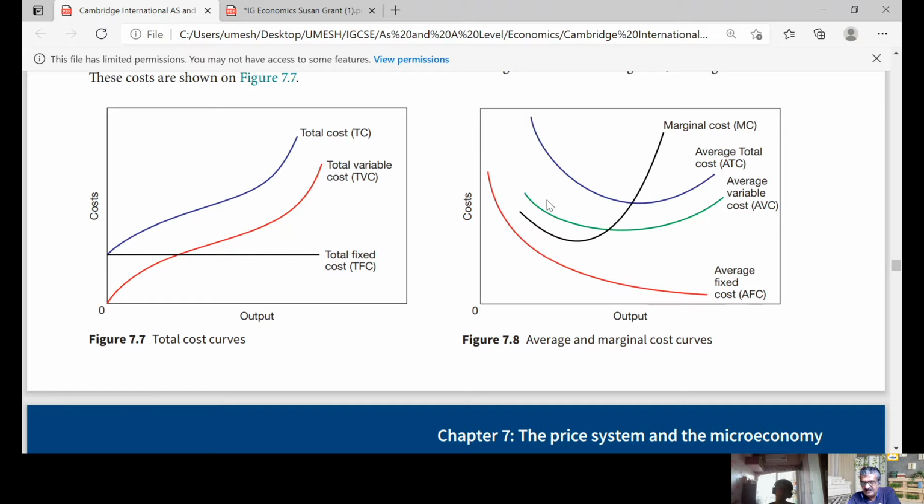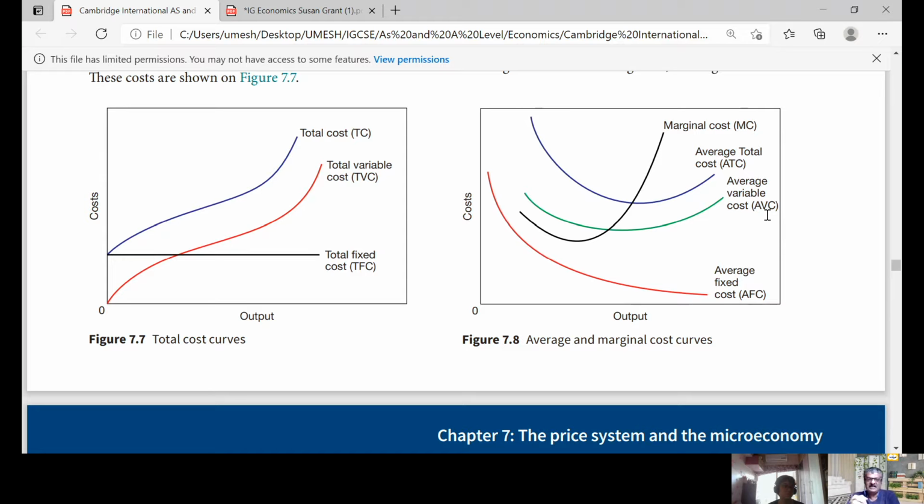First it decreases with the output, but then it increases. Average total cost is the summation of average fixed cost and average variable cost. And because there is a sharp fall in average fixed cost, average total cost also has a sharp fall, but after that, it goes on increasing with average variable cost. These are the shapes of average fixed cost, average variable cost, and average total cost.